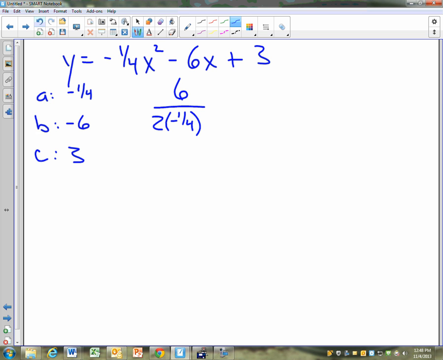What is 6 divided by 2 times negative 1/4? Good, so it's 6 over negative 1/2. Dividing by negative 1/2 is the same as multiplying by its reciprocal, so 6 times negative 2 is negative 12. So the vertex has an x-coordinate of negative 12.